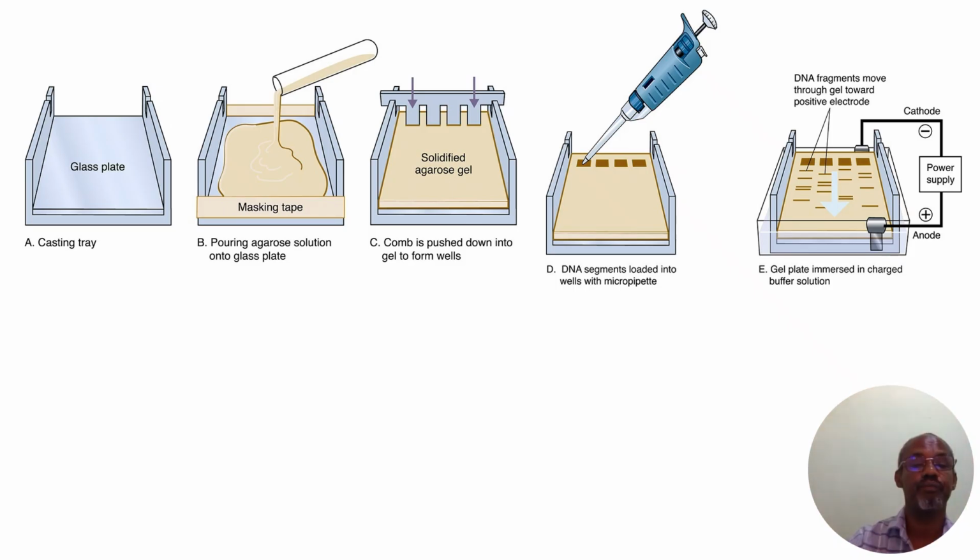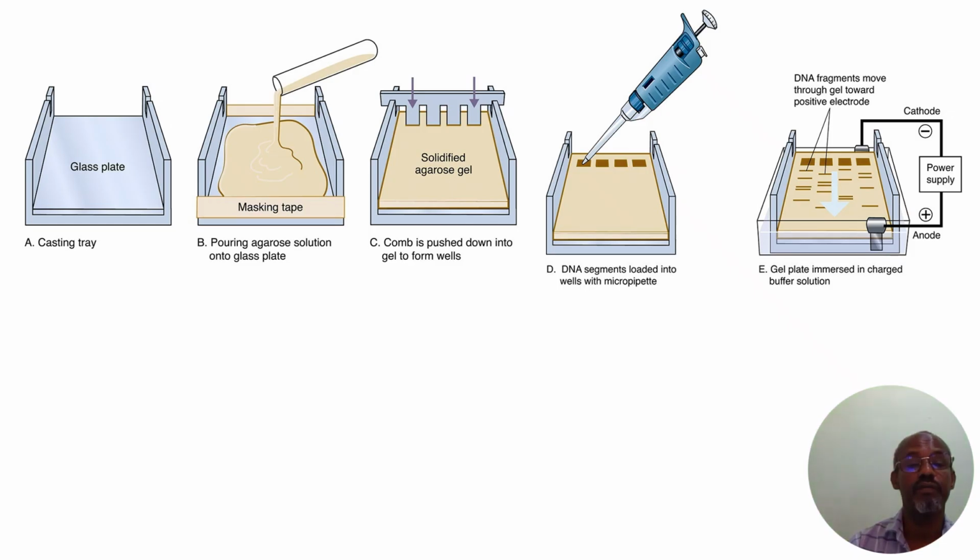You see, this is a glass plate. The first one is the glass plate, or casting tray, they call it. It's made of glass. This casting tray, we boil and sterilize and pour a liquid agarose solution on this glass plate.